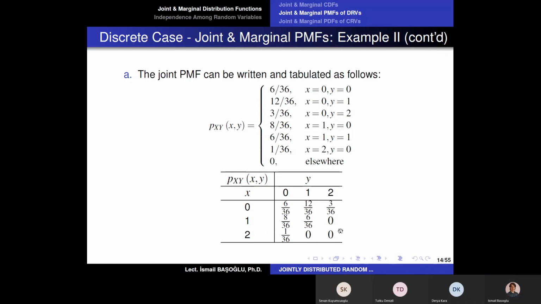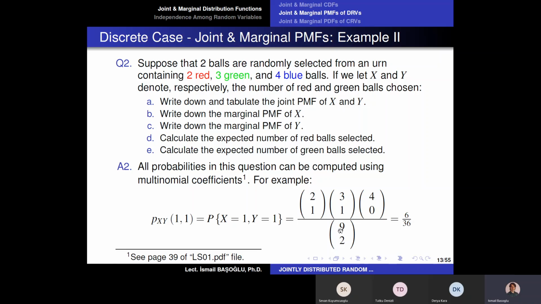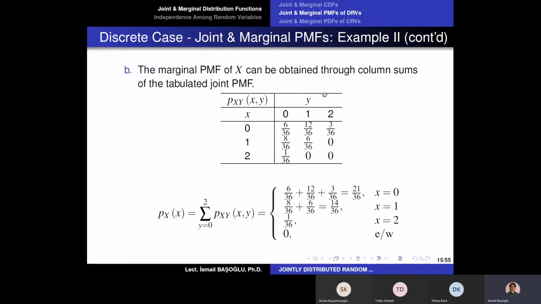Now, the second part and the third part of this question are asking for the marginal probability mass function of X and the marginal probability mass function of Y. So what are we doing for those? Remember now, if we write the tabulated format for the joint probability mass function, if X values are shown in the rows, then the row sums here are going to give us the marginal probability mass values for X. For example, what is the probability of X being equal to 1?